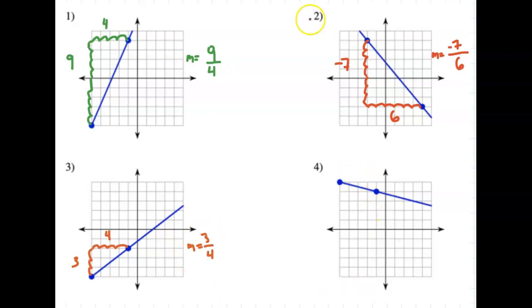And negative slope here, because we are going down if we look from left to right. Maybe it's just a different blue, I don't know. So it's only going down 1, and then 1, 2, 3, 4. So in this case, m is equal to negative 1 over 4, right?